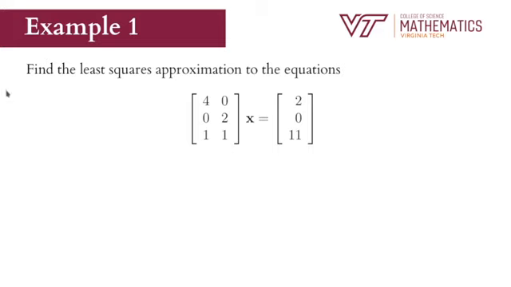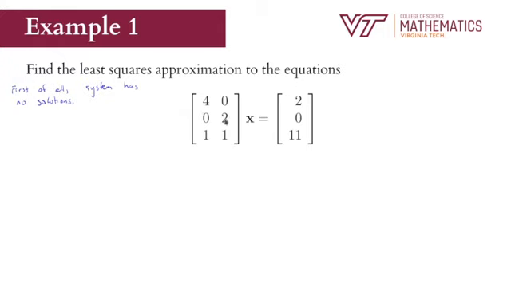First of all, this system has no solutions. The top row says that 4 times x equals 2, which would say x is 1/2.